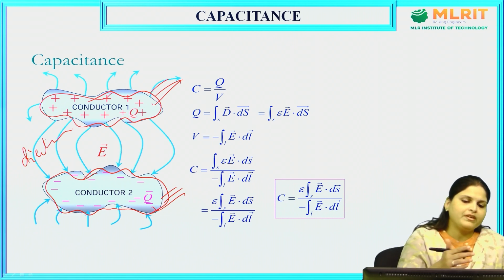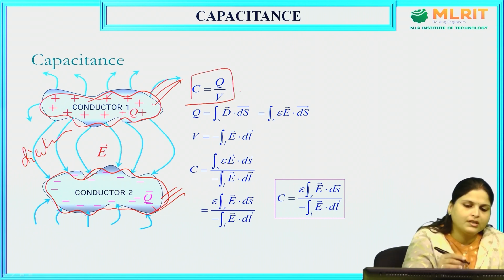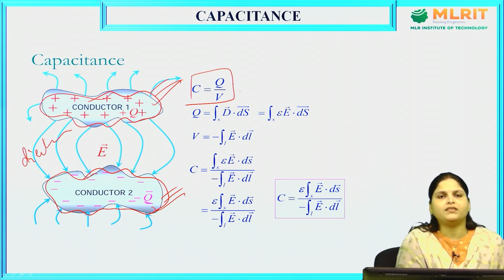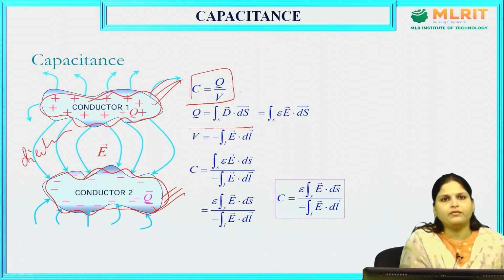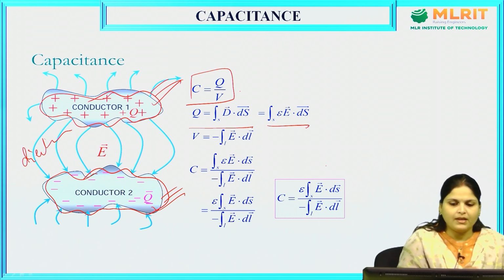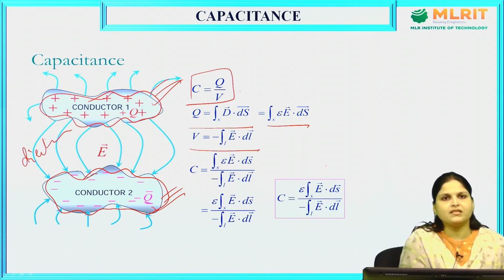So we will discuss the formula now. C is equal to Q upon V, charge upon voltage, and Q is equal to the integration of D dot dS as per Gauss law. In place of D, we can write epsilon E, and V is the potential, which can be written as minus integration of E dot dl.